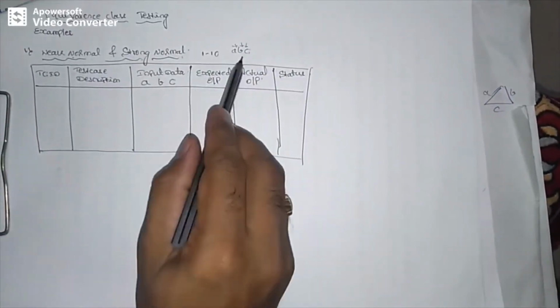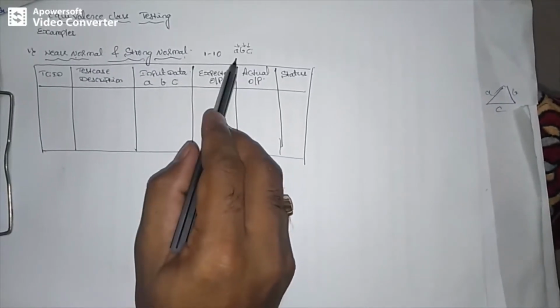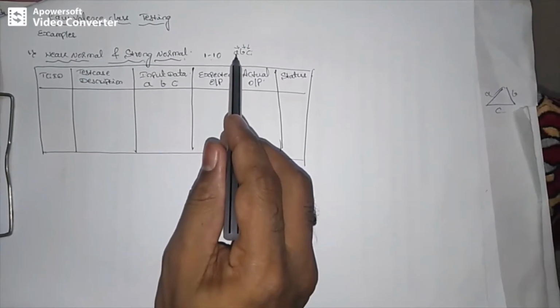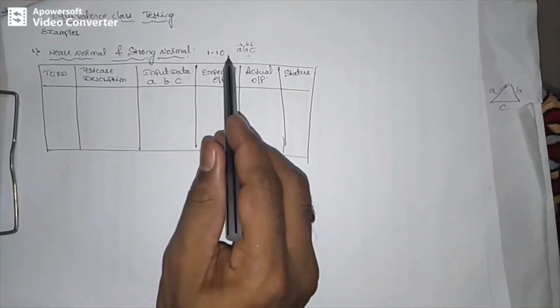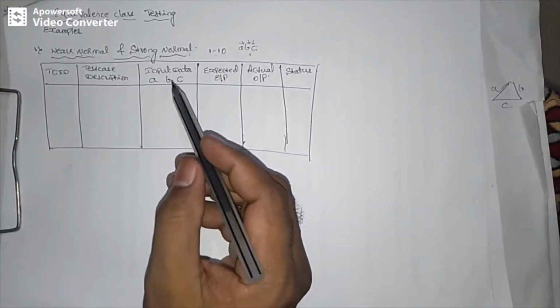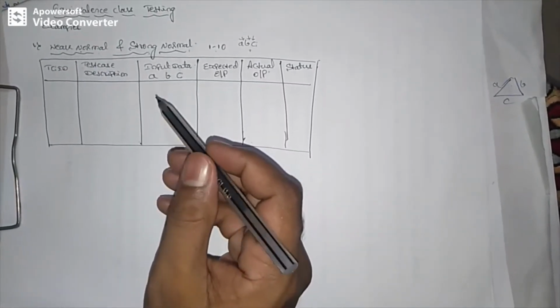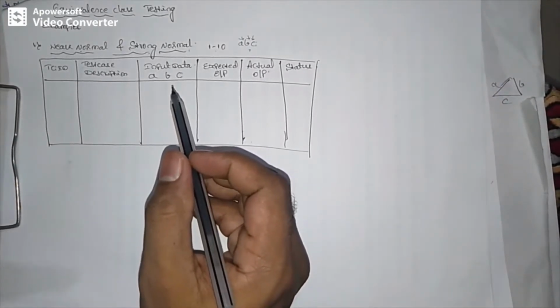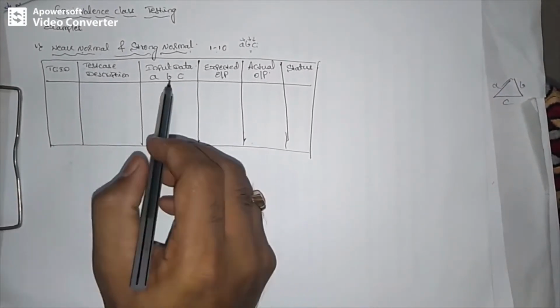Based on these specifications, we need to check what possibilities of outcome we are going to generate. When we specify valid input variables for a given program, four possible outcomes can occur for a triangle problem.